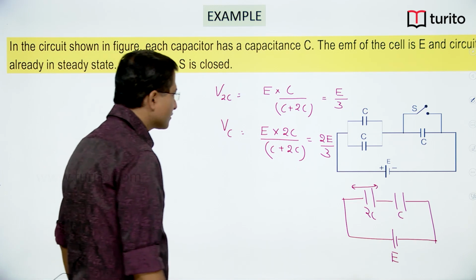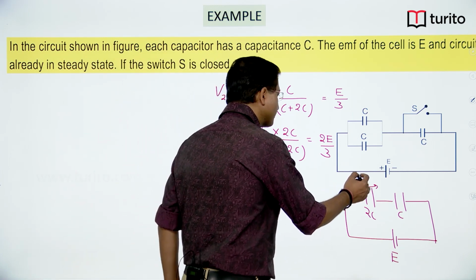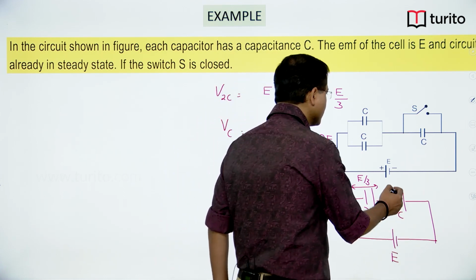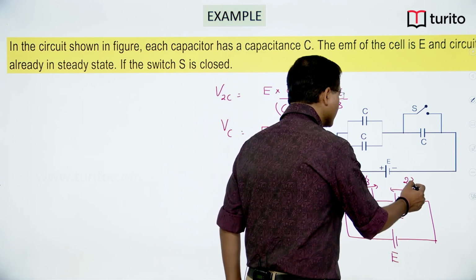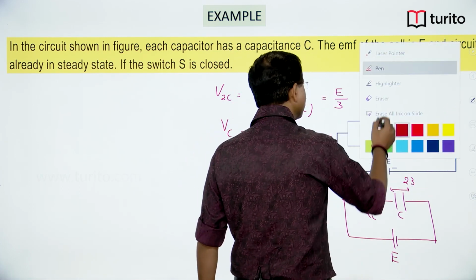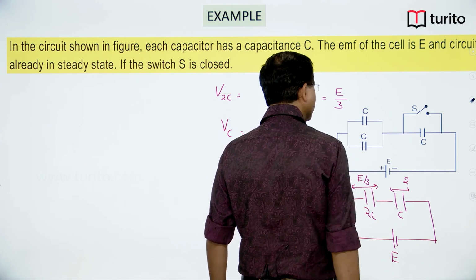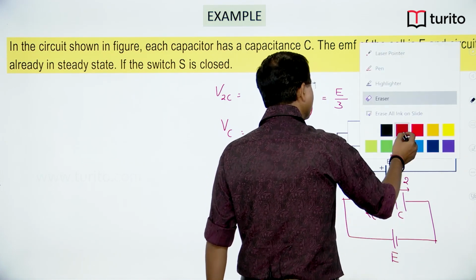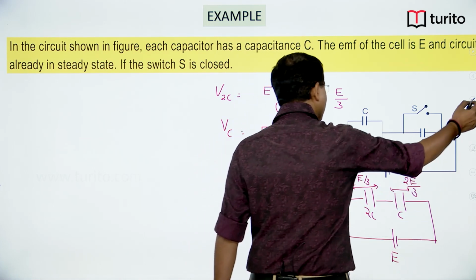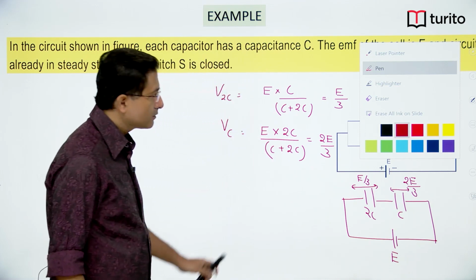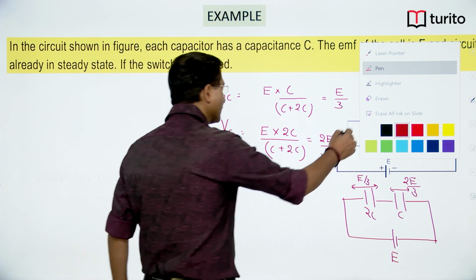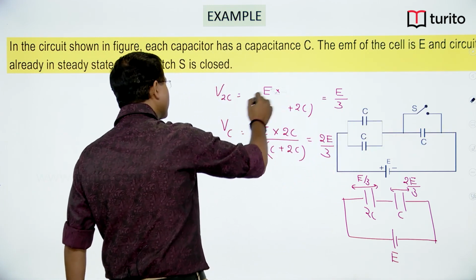So this I can use to get the charges on the capacitors. So here it is E by 3 and here it is 2E by 3. Now I will remove all this, right. I hope you understood the voltage division formula. So I will erase this part.